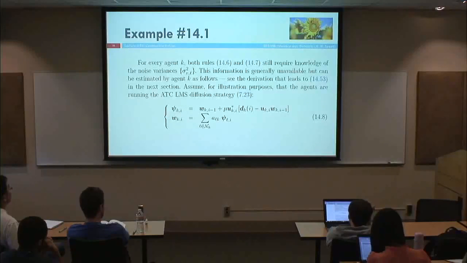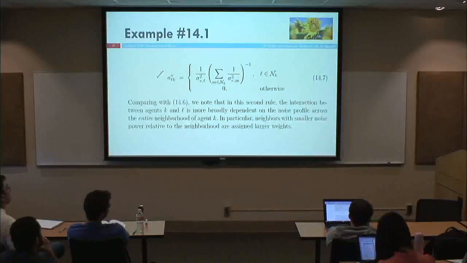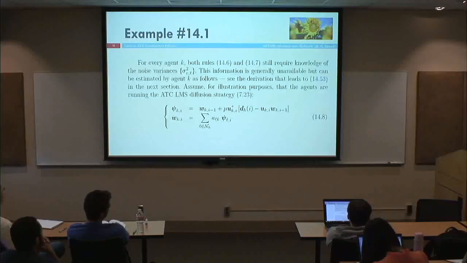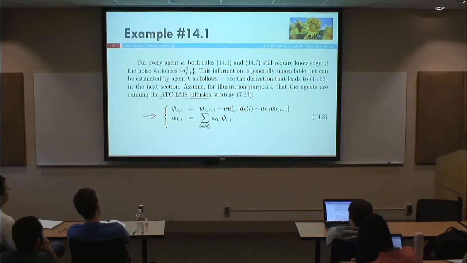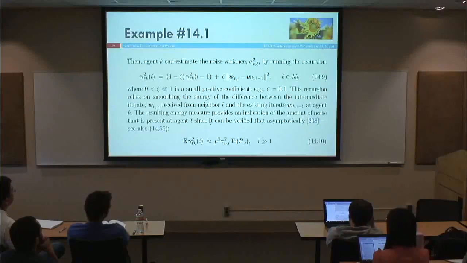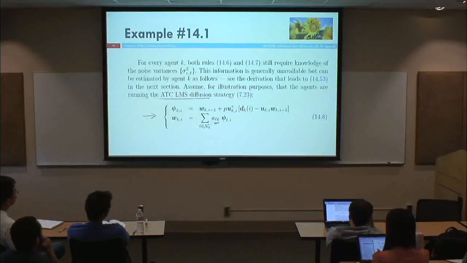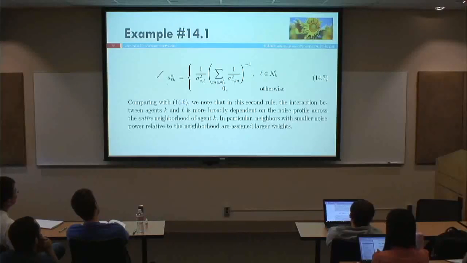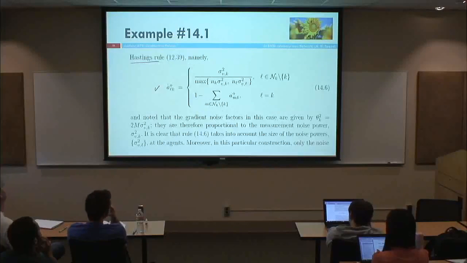I haven't derived this, I'm just showing you the result. So for example, let's assume that I'm applying the ATC diffusion strategy here to estimate the w^o. If your A is static, this is what you are going to use here. If your A is not static, if you want to use this A or the previous A, you still have to estimate the sigma, correct?